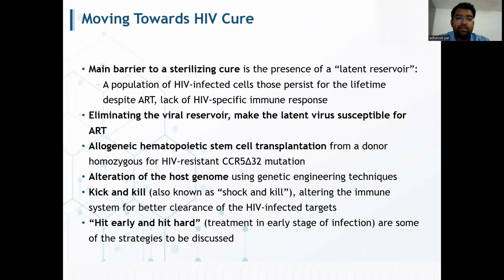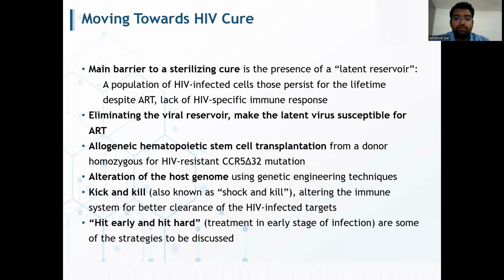Eliminating the viral reservoir makes the latent virus susceptible to ART. Allogeneic hematopoietic stem cell transplantation from a donor homozygous for the HIV resistant CCR5 delta 32 mutation. These are the various ways in which we can cure HIV.